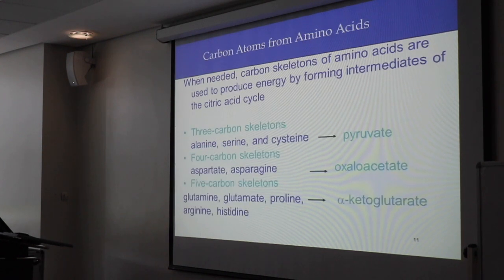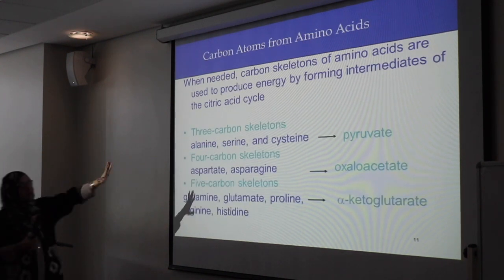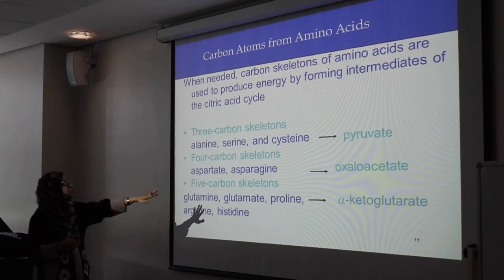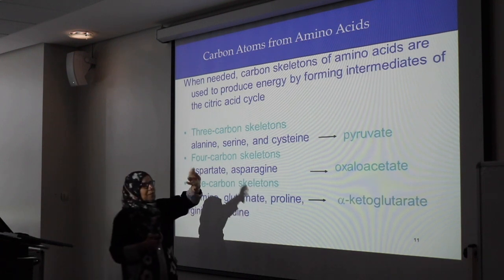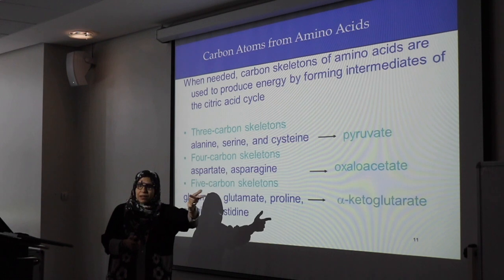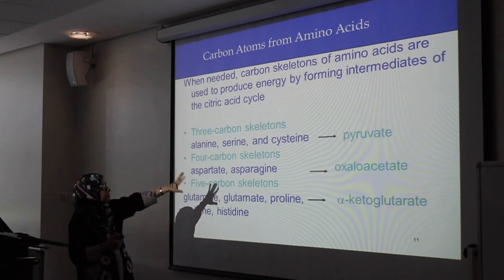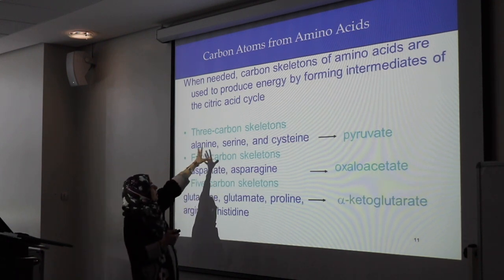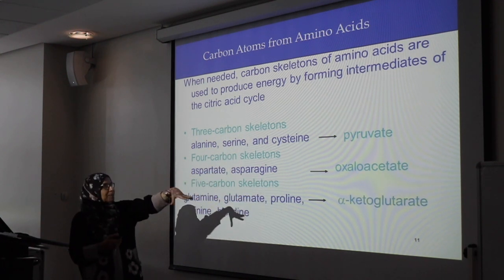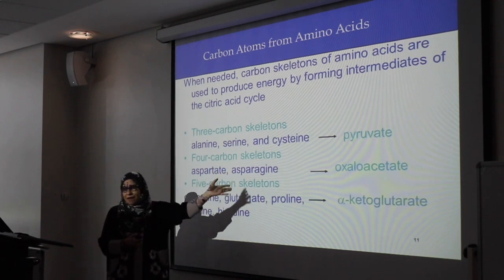Thank you. So, when needed, the carbon skeleton of an amino acid is going to be used to produce energy. How is it going to produce energy? By forming one of the intermediates of the Krebs cycle or one of the intermediates of glycolysis. What products I'm producing will depend on the number of carbons in the amino acid.